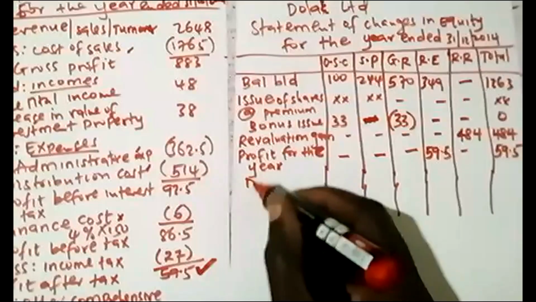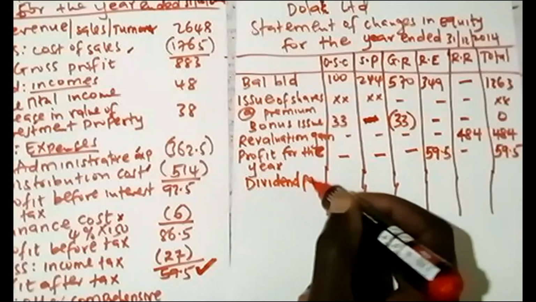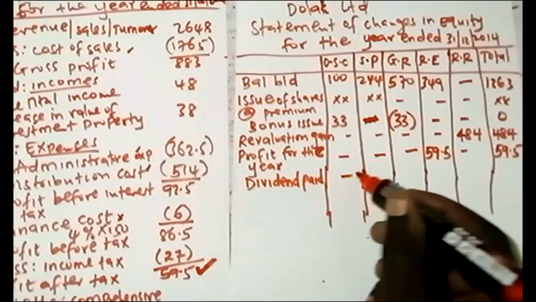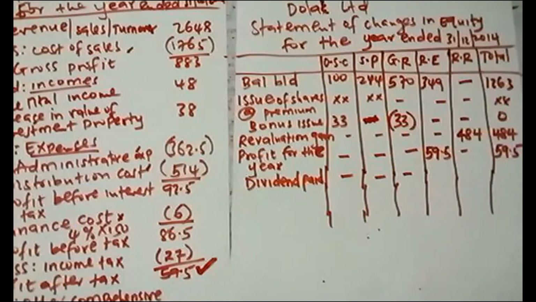Then after that, you subtract dividends paid. Remember, dividends are paid out of profit, so it goes to the retained earnings.